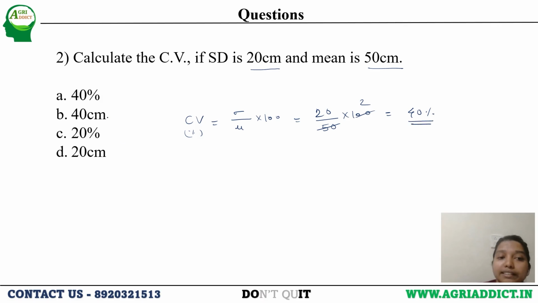Do remember, here centimeter is also given, but we do not have to take it because we studied that coefficient of variation is a unitless measure of dispersion. So the correct answer will be 40%.